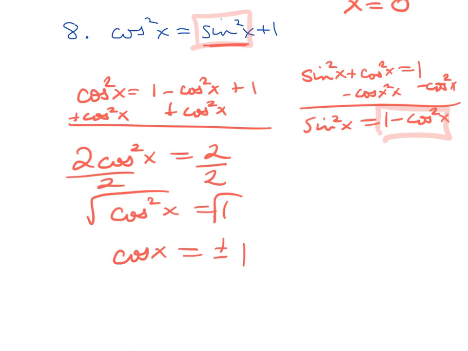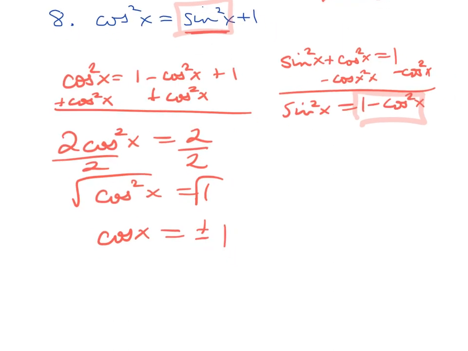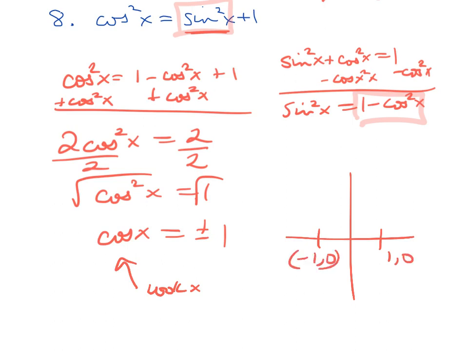So I'm looking here to find out where x, because remember cosine looks at the x, so again my axis points. So I'm looking to see where it equals both plus and minus 1. And that's going to be the 0 and the pi.